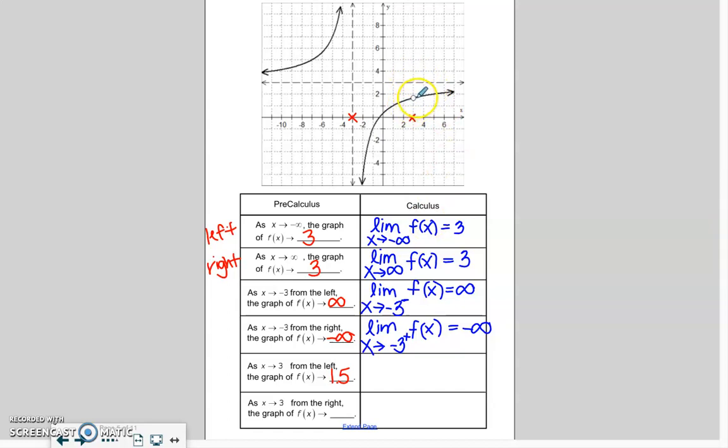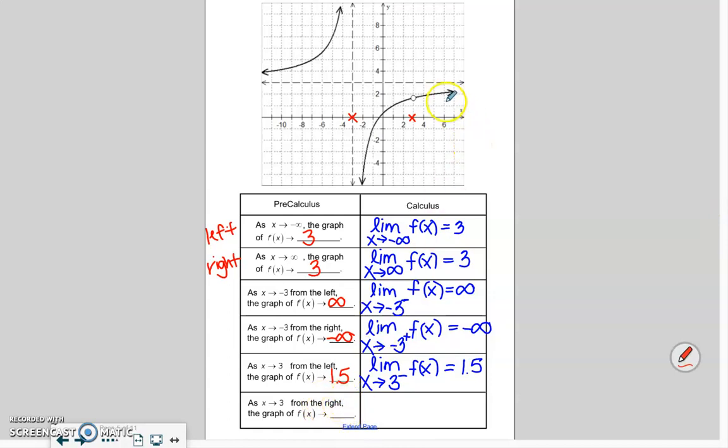When you're doing a limit, it doesn't matter if there's a hole in the graph, because limits are asking what your graph is approaching, not what is your graph equal to at that point. So it's just like, what are you getting closer to, but it doesn't matter if there's a hole in the graph or not. All right, x approaches 3 from the left would be 3 with a little negative, and that is equal to 1.5.